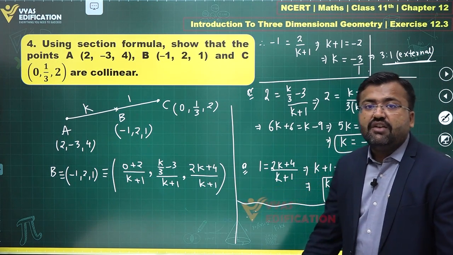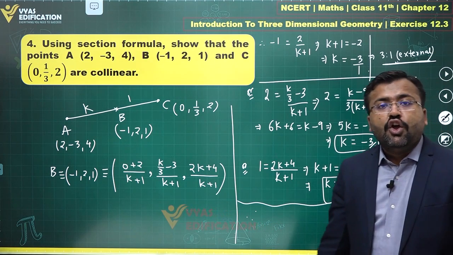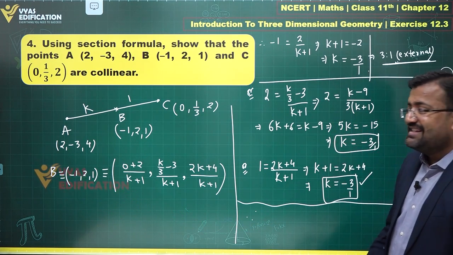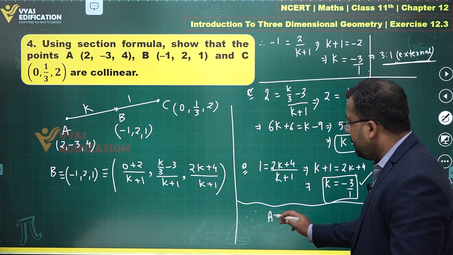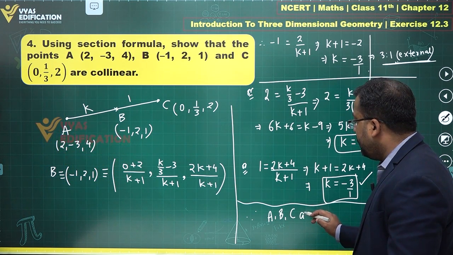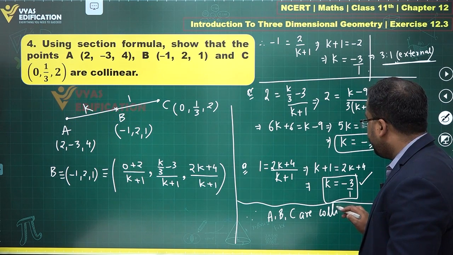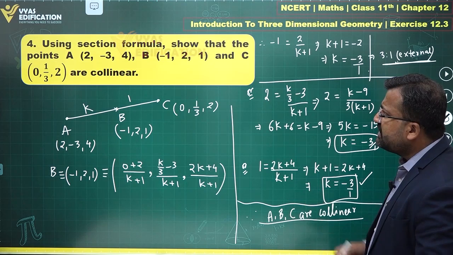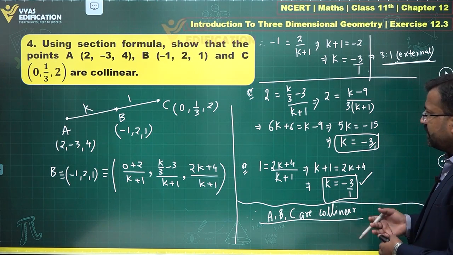And since point B divides the line segment AC in this ratio, obviously B will lie on the line joining AC. Therefore, A, B, C are collinear. Hence proved. That's the complete solution for this fourth question.